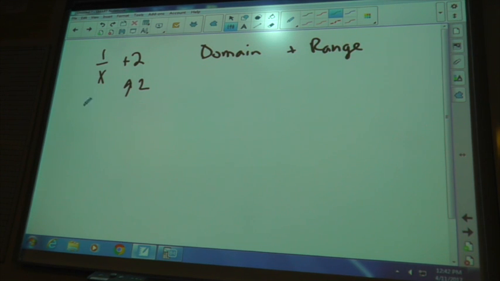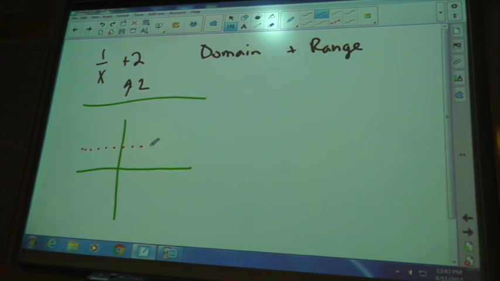So now it gets interesting. I'm going to draw 2 right here. This is 2. And the function is just shifted up, right?